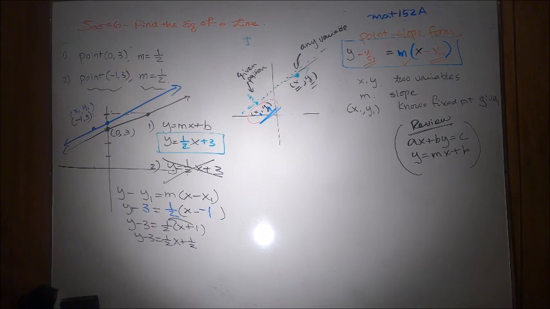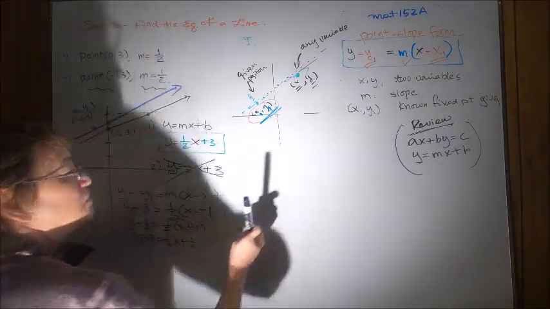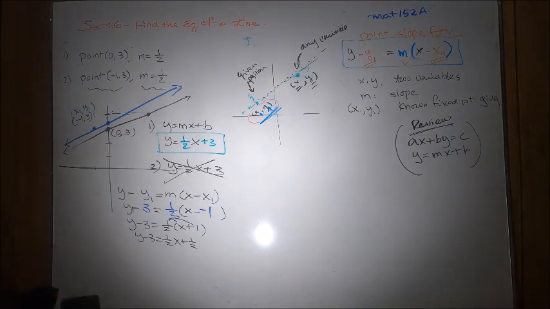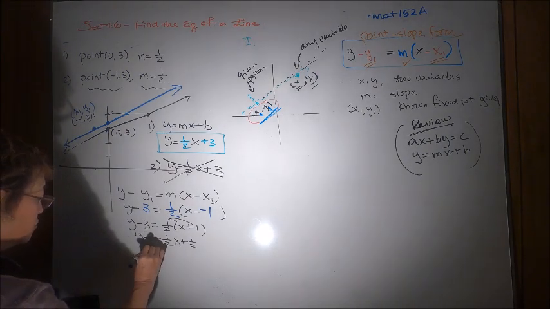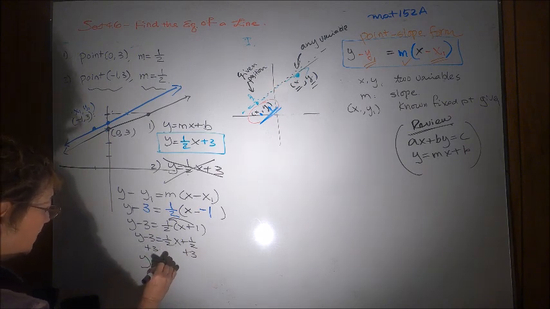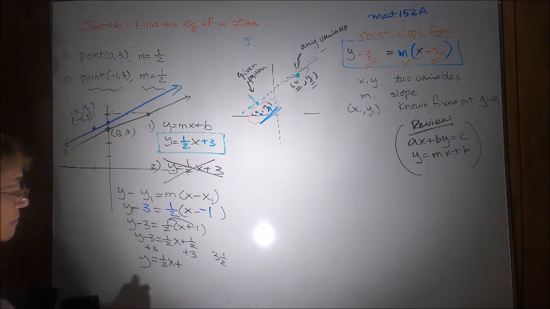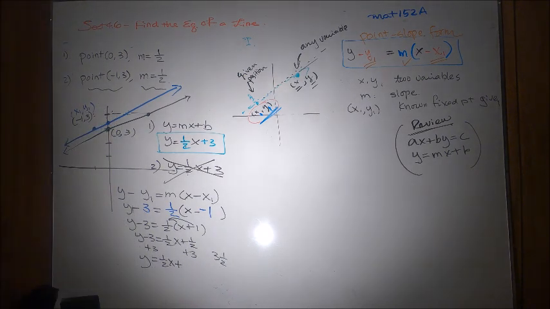Then we will write it in what kind of form? Final forms would be either of those. Let's do slope-intercept form first. So you will add 3, right? So you have y equals half x plus what? 3 plus half, 3.5.